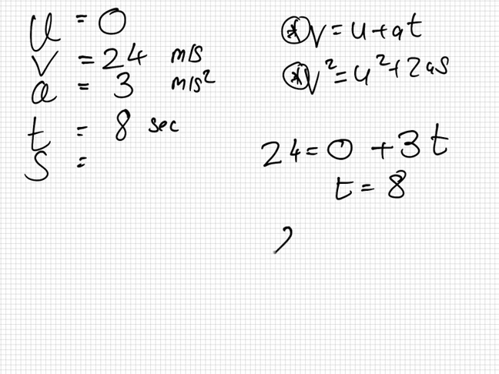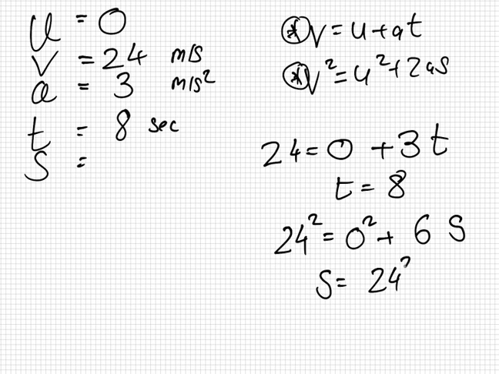V squared equals U squared plus 2AS, so S is 24 squared divided by 6. What's that, please? 96, is it? So here is 96 meters. Yes, it is.